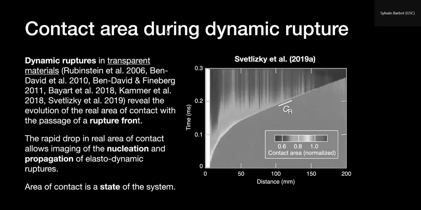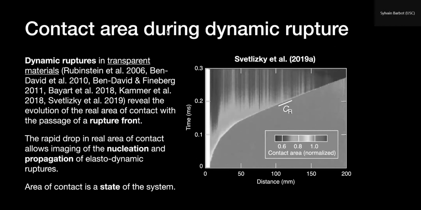That's simply a technological improvement that allows the imaging of this area of contact at frequencies of megahertz, enough to look at the evolution of the contact area within microseconds. These experiments are done in the laboratory of Jay Fineberg in Israel, and they have allowed a wide range of important discoveries described in many papers in the last 20 years. Some of them are cited in this slide.